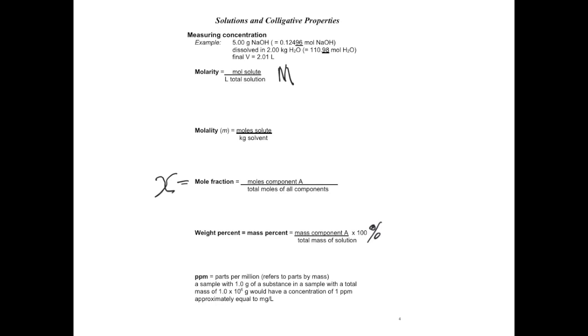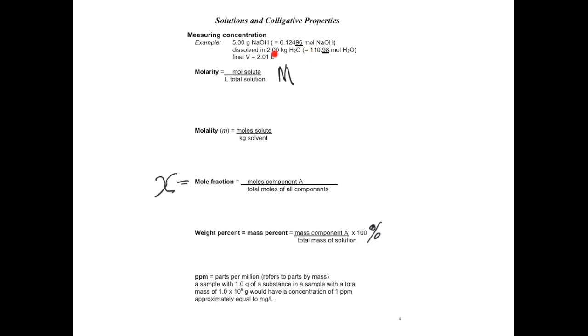Okay, I'm going to do some math on this and we'll calculate some things here. The first one is molarity. We're going to take 5 grams of sodium hydroxide and dissolve that in 2 kilograms of water.